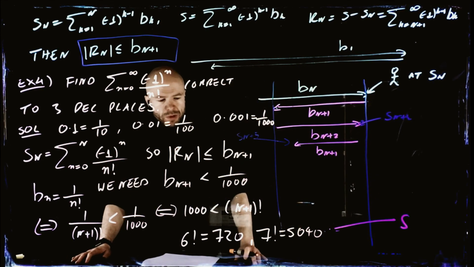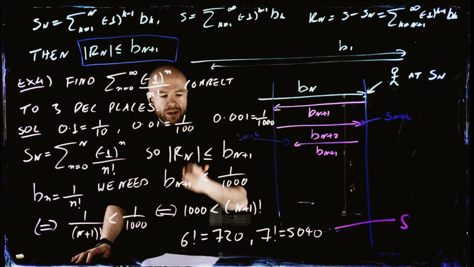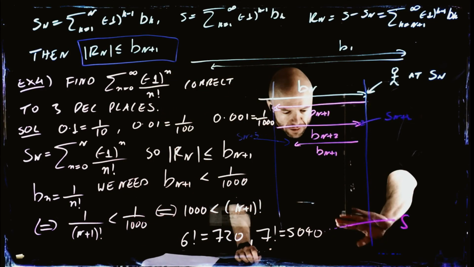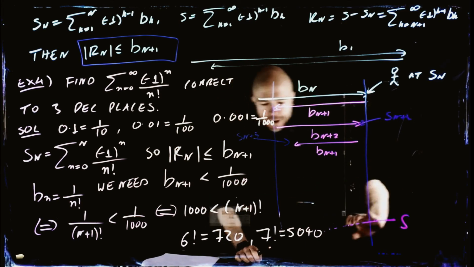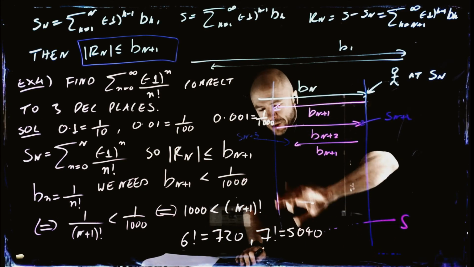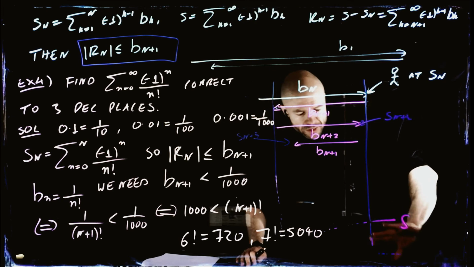Yeah? So given that, how many terms do we require in order to get within the answer of 1 over 1,000? What will our capital N have to be in order for us to be within 1 over 1,000?